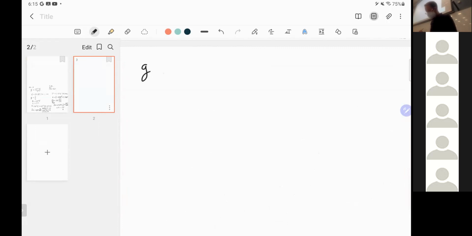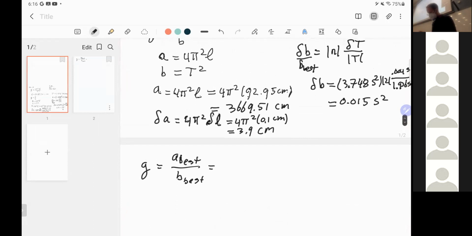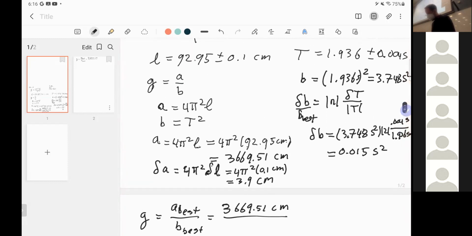G best equals A best over B best, which was equal to 3669.51 centimeters divided by B best, which was 3.748 seconds squared.